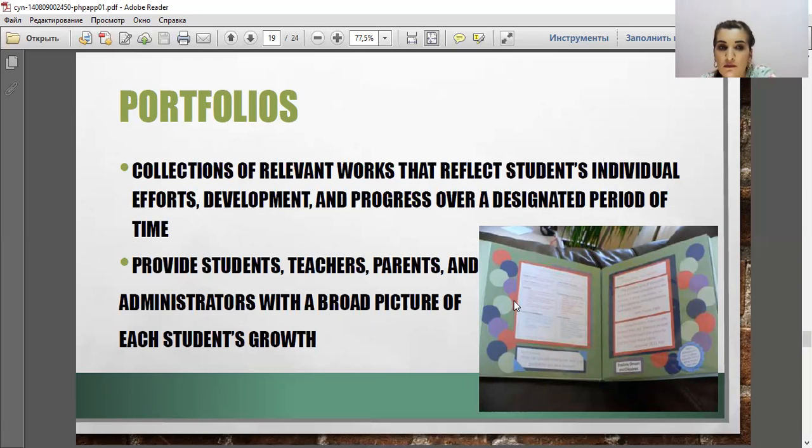They provide students, teachers, parents, of course, and administrators with a broad picture of each student's growth. So in this case, the real material could be seen, how students could manage their learning progress and how they achieve their goals.